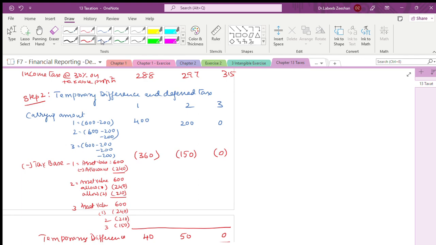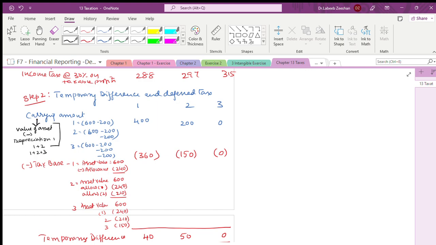I will write here: carrying amount is value of asset minus depreciation. Depreciation of year 1, then 1 plus 2, then 1 plus 2 plus 3. That is what the carrying amount talks about.